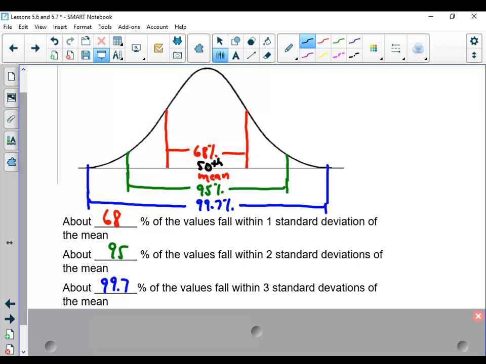Well, if I cut 68 in half, that's really 34. So if I increase this 34, that means this is the 84th percentile, 1 mark away. If I subtracted 34, this would be the 16th percentile on the lower end, 1 mark away.